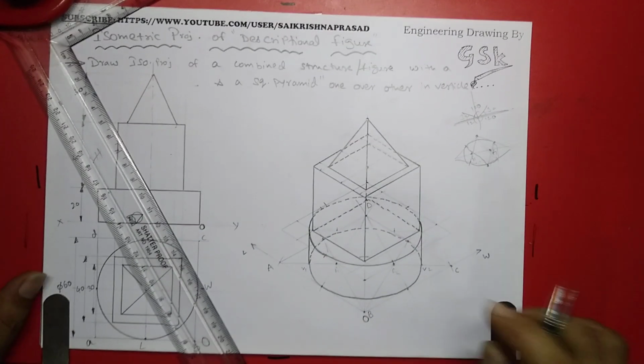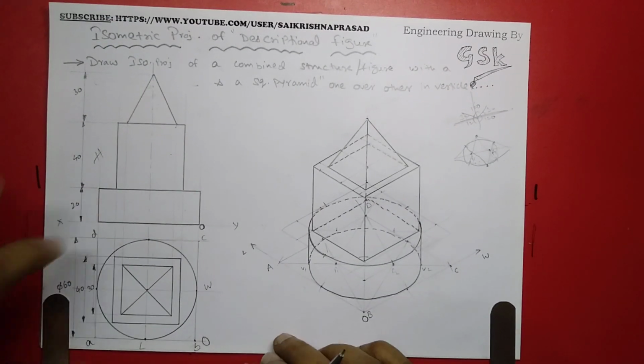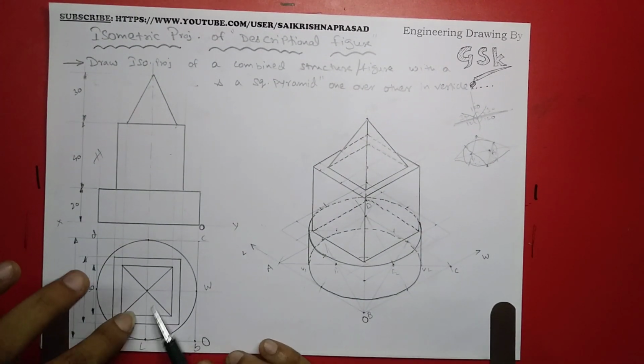So in this way we will draw the isometric position of a combined figure. See, this figure is reproduced over here.